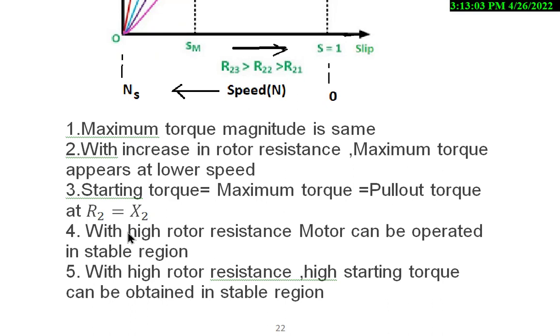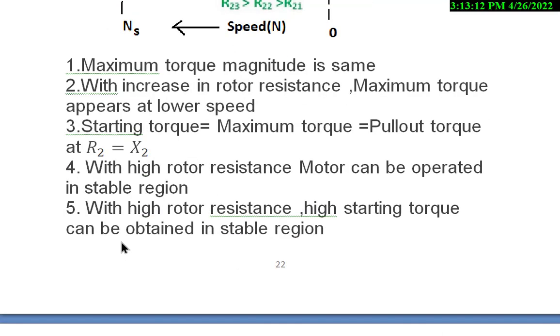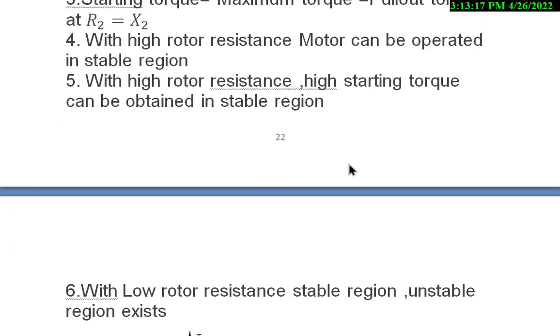Next, the fourth point is, with high rotor resistance, the motor can be operated in stable region with high starting torque. Fifth point is with high rotor resistance, high starting torque can be obtained in stable region.